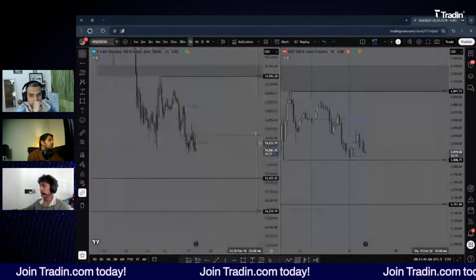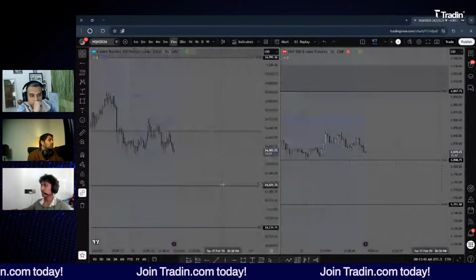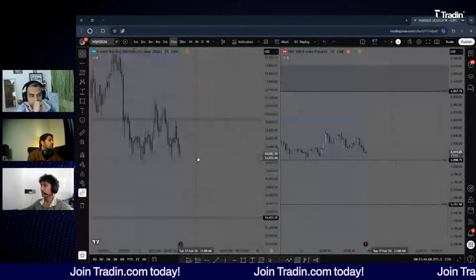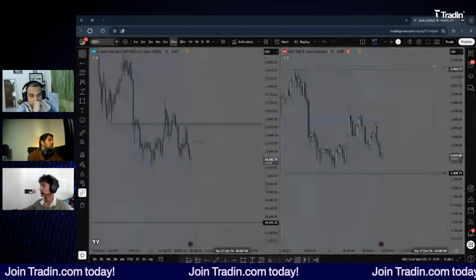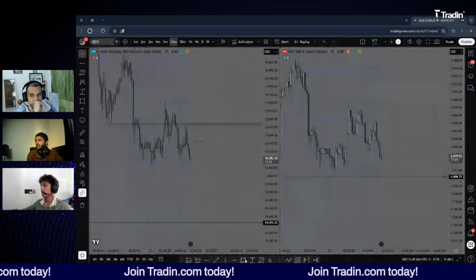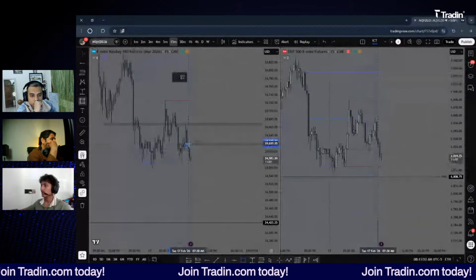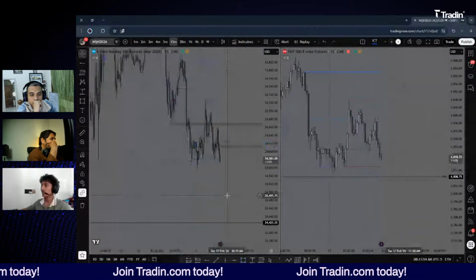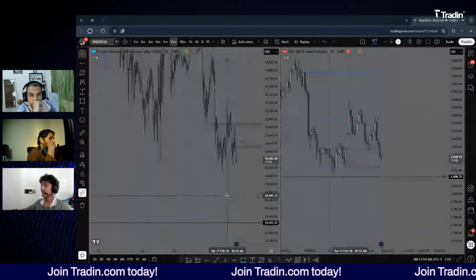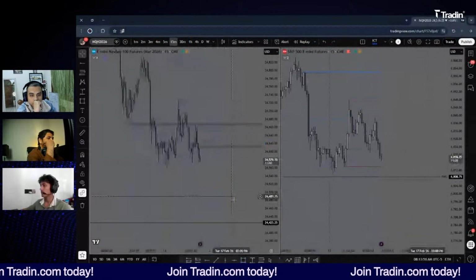When we reject to some sort of a value gap, we could reject to the midnight opening price or to the 15-minute fair value gap, or we could sweep. So I'm bearish for today unless we get an obvious V-shaped recovery with an inverse fair value gap.